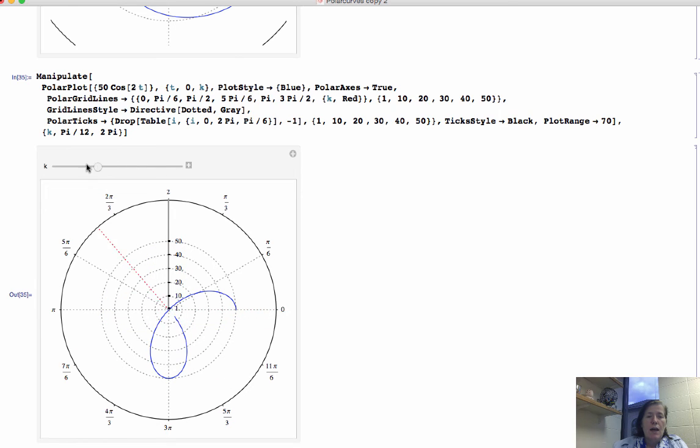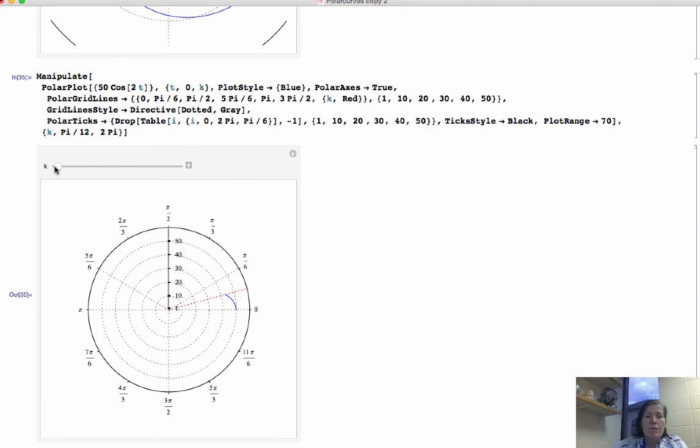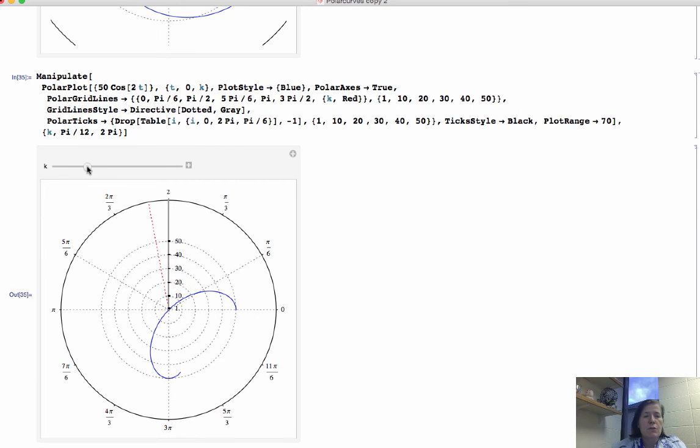And you see that for this graph, as theta swings around from pi over 4 to 3 pi over 4, the r values in the graph are negative. And then they become positive again at 3 pi over 4, and negative again at 5 pi over 4, and then positive again at 7 pi over 4.